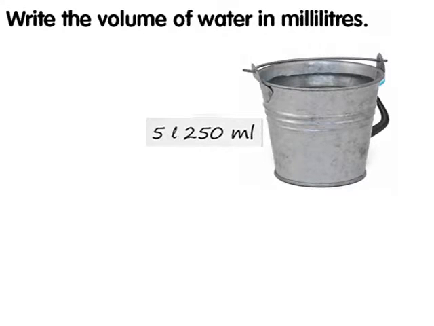Write the volume of water in milliliters. What is the volume of water in this bucket? This bucket has 5 liters and 250 milliliters of water. I want to change this number into milliliters. So what shall I do? The 5 liters will be changed to milliliters by multiplying by 1000 exactly.